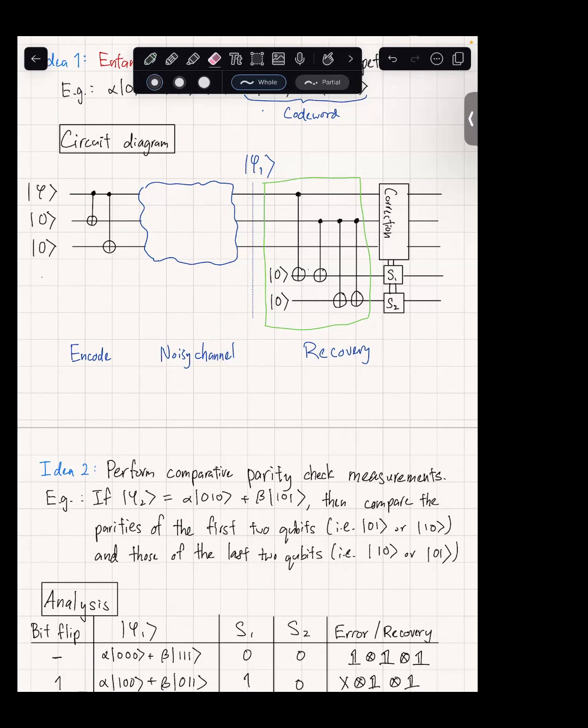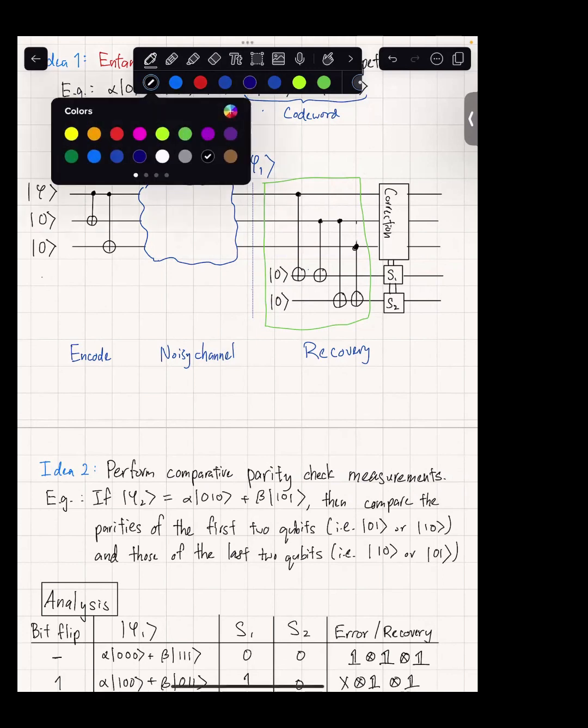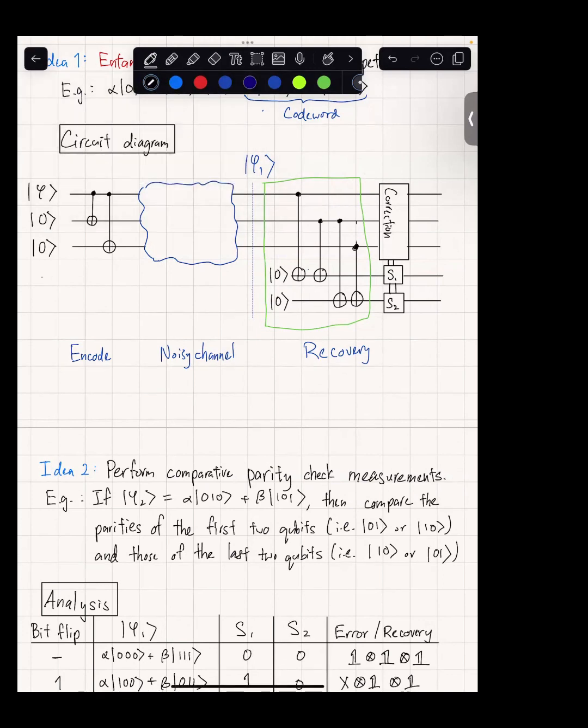Oops, sorry, this CNOT should be here. Like so. So what results is, in S1, when we measure this first ancilla qubit, it gives us the parity of the first two qubits. And in S2, this qubit that we measure will give us the parity of the second and third qubits.